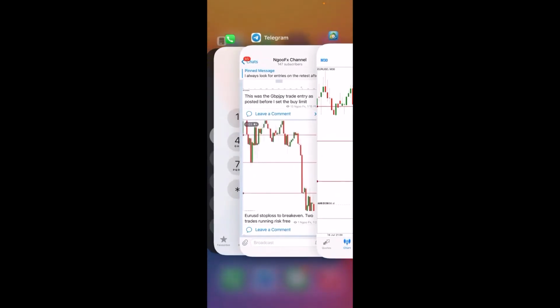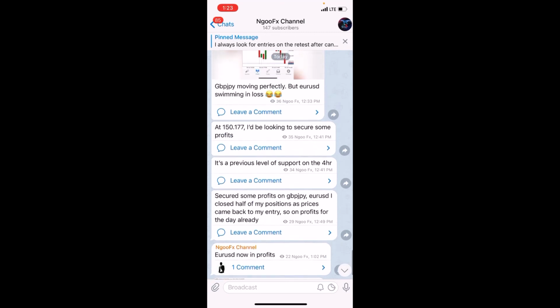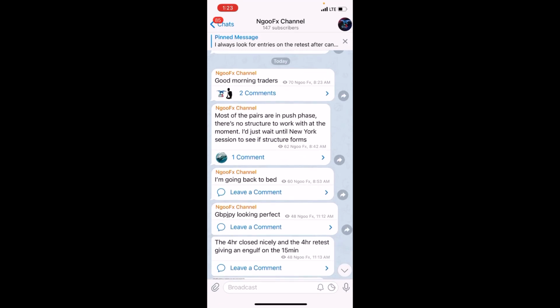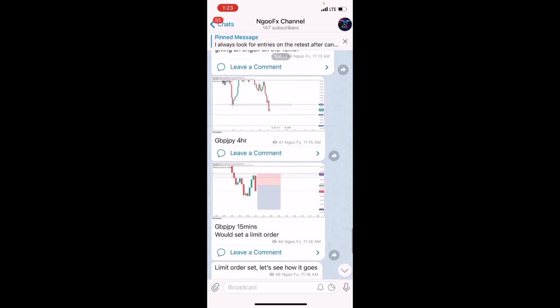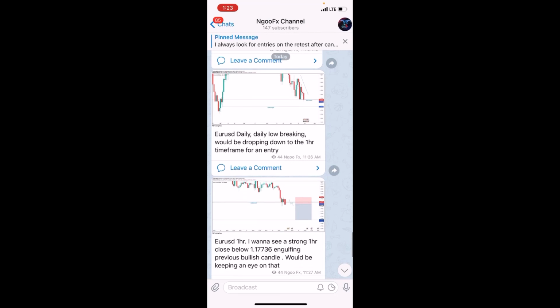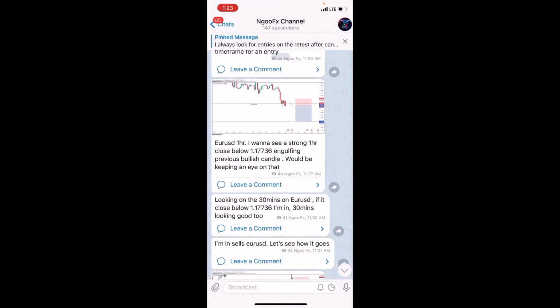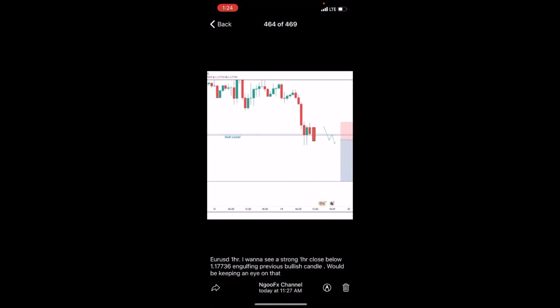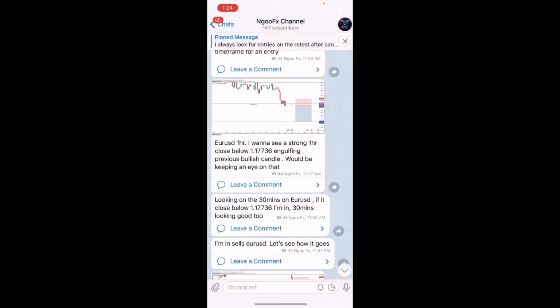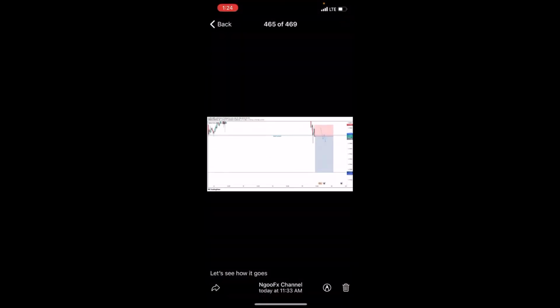So let me just go on to my Telegram channel now. See Telegram channel today, all the moves, the updates, everything called on here. Everything called before it played out. This was what I was looking at for EUR/USD. Then I saw the move on the 30 minutes, which I gave them.